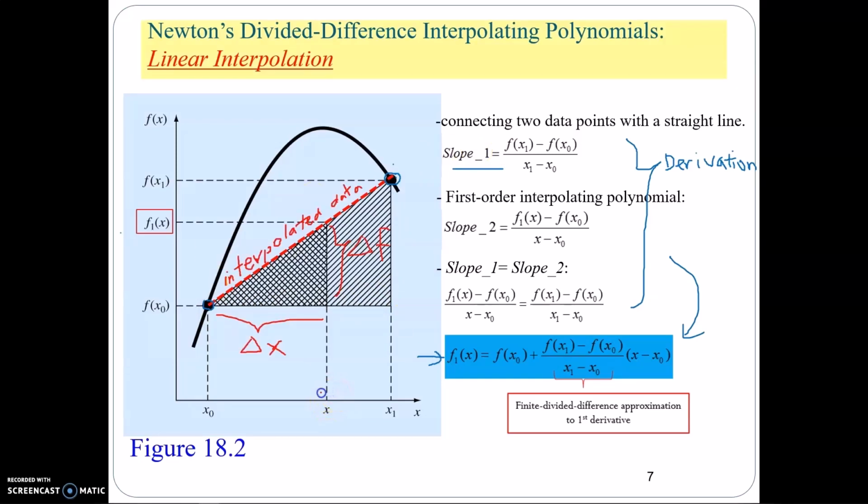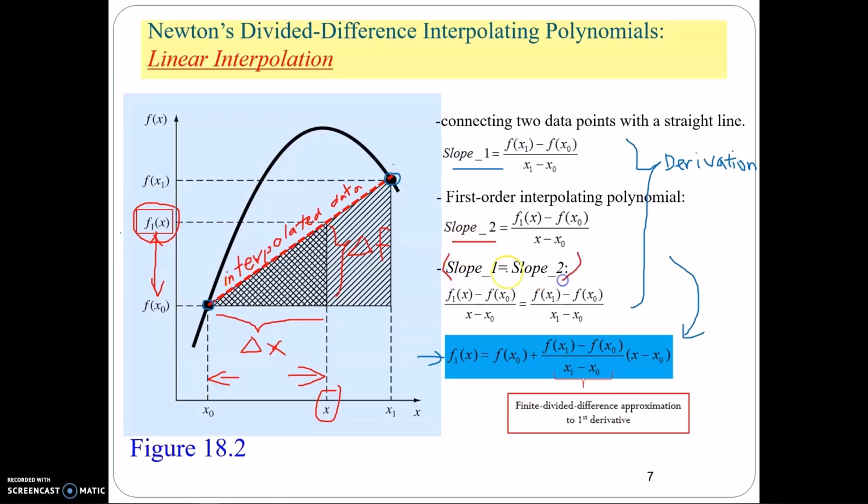Assume that you want to interpolate data at x, f1(x) here. So we can also find the slope by taking delta f divided by delta x. In this case, delta f is f1(x) minus f(x0), and your delta x is x minus x0. Then you obtain the second slope.